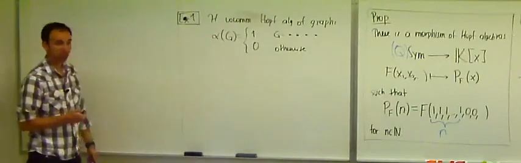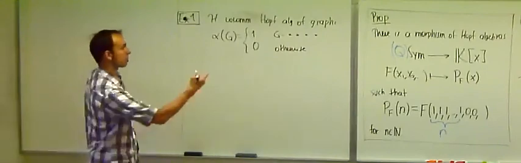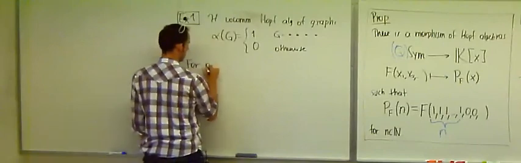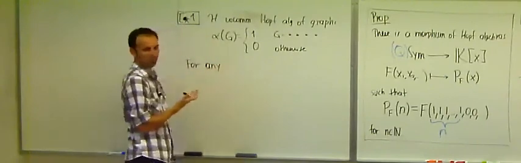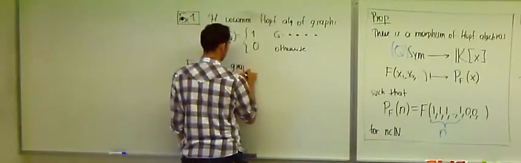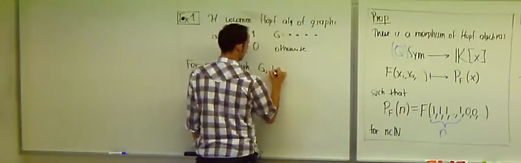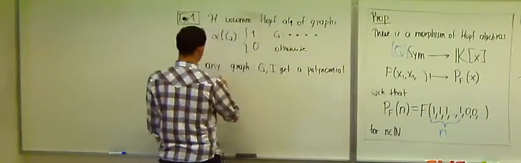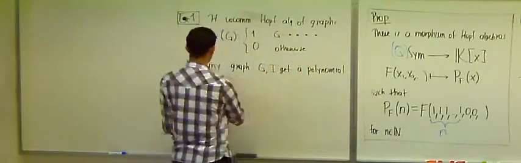That means for any element of my Hopf algebra, and here the generators are graphs, so for any graph G, I get a polynomial. And that polynomial is going to be given by that equation over there.